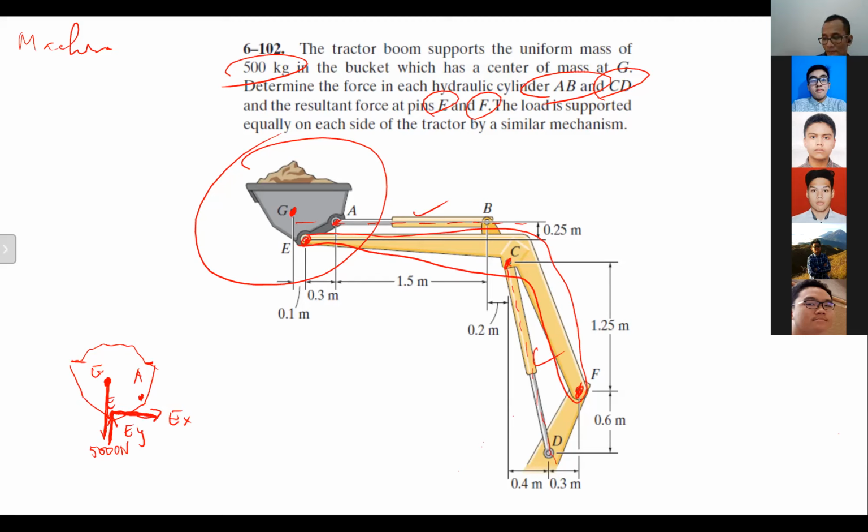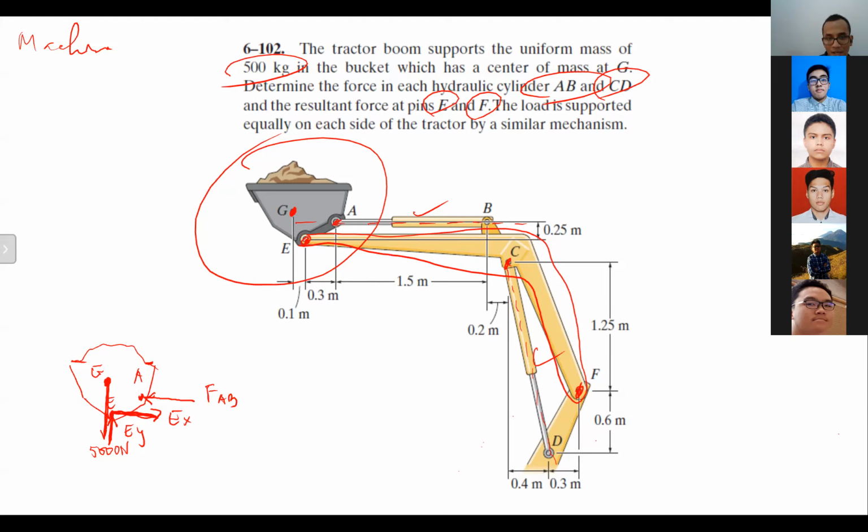And at point A, is AB a two force member or not? It's a two force member. Then at point A, there is only one force. I believe it should go to the left. It's up to you, you can do it to the left or to the right. If it's negative, then it's supposed to be in the opposite direction. So do you want to do it to the left or right? To the left, so it will cancel the EX. Okay, to the left for FAB.